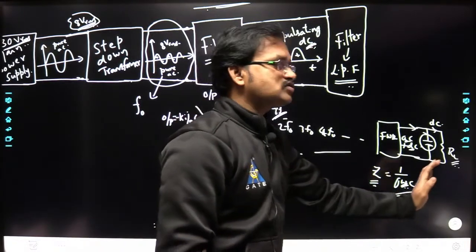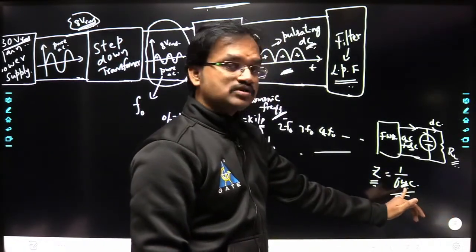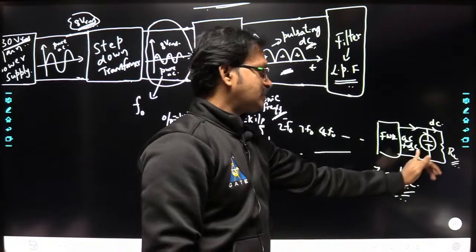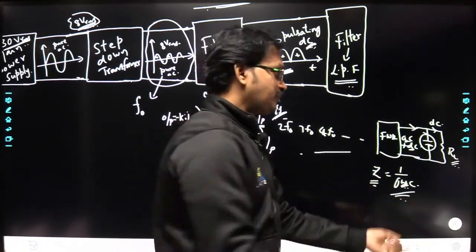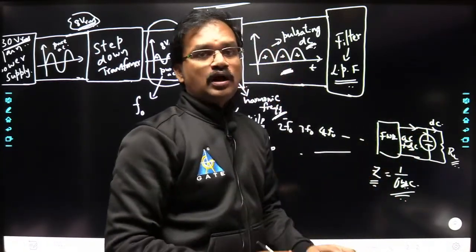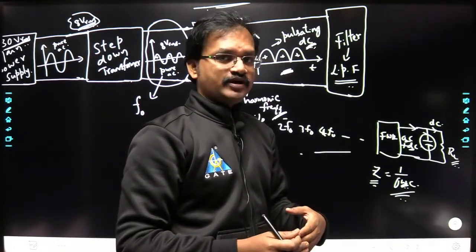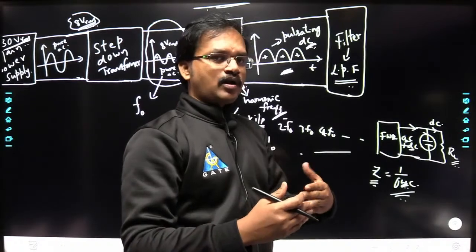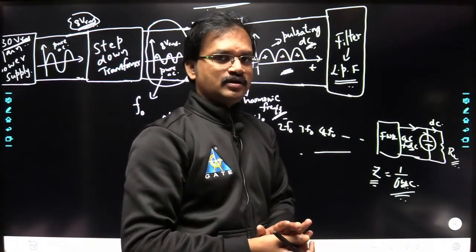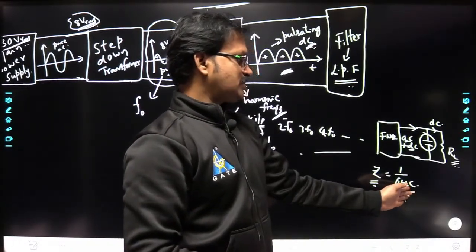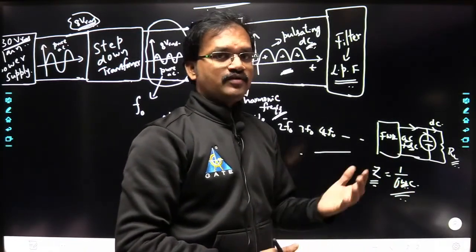But as the frequency increases, the impedance offered by the capacitor will be very low. That means it is going to allow high frequency components, and it is going to block low frequency components. Yes or no? Because for low frequency signals, the impedance offered by the capacitor is very high.